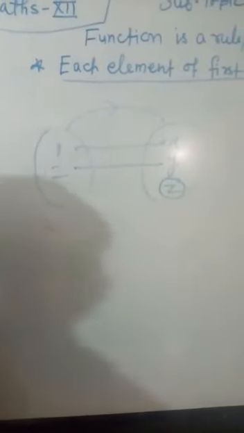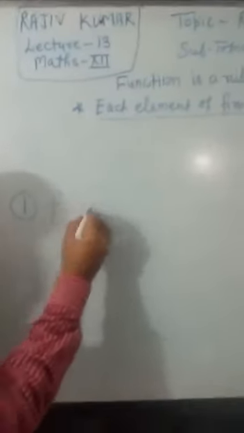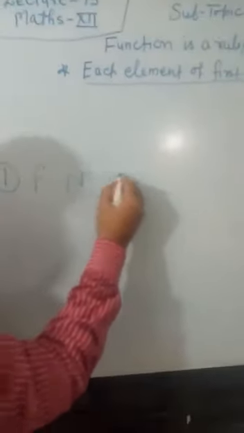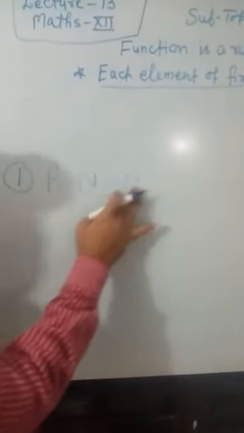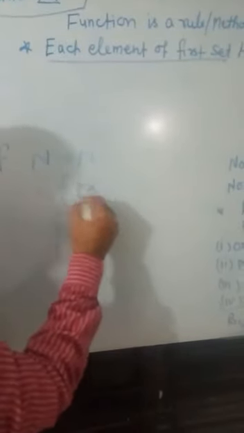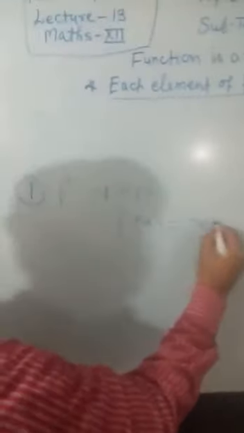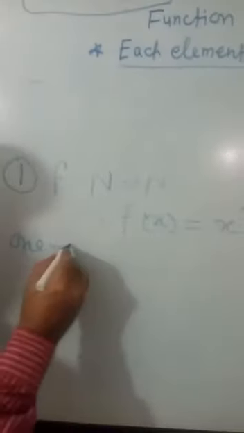Now you take one example for these. You are given a question: f from N to N, that means the domain is natural numbers and the range is natural numbers, f(x) equal to x cube. Now you have to prove it is one-one.